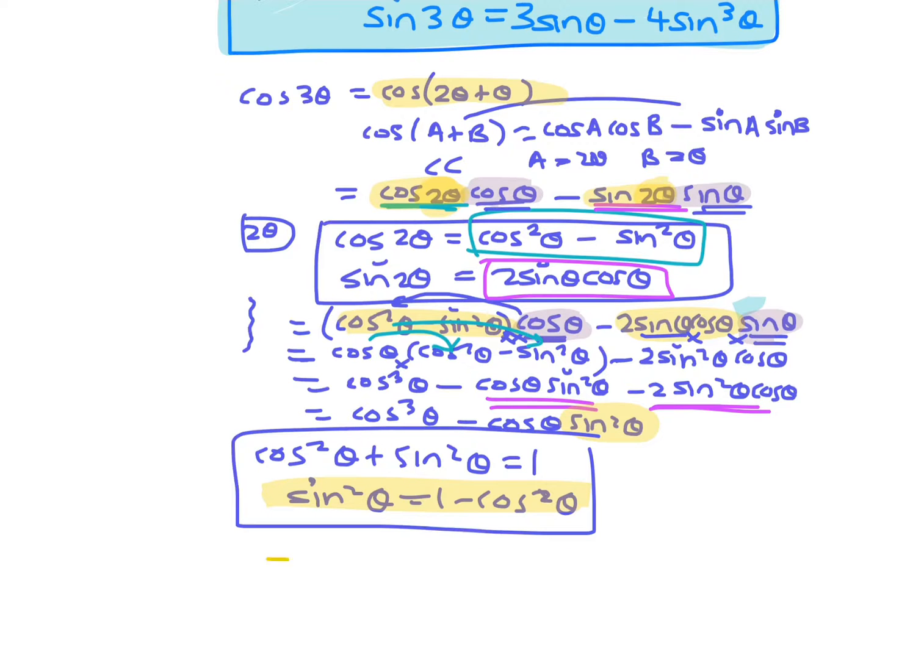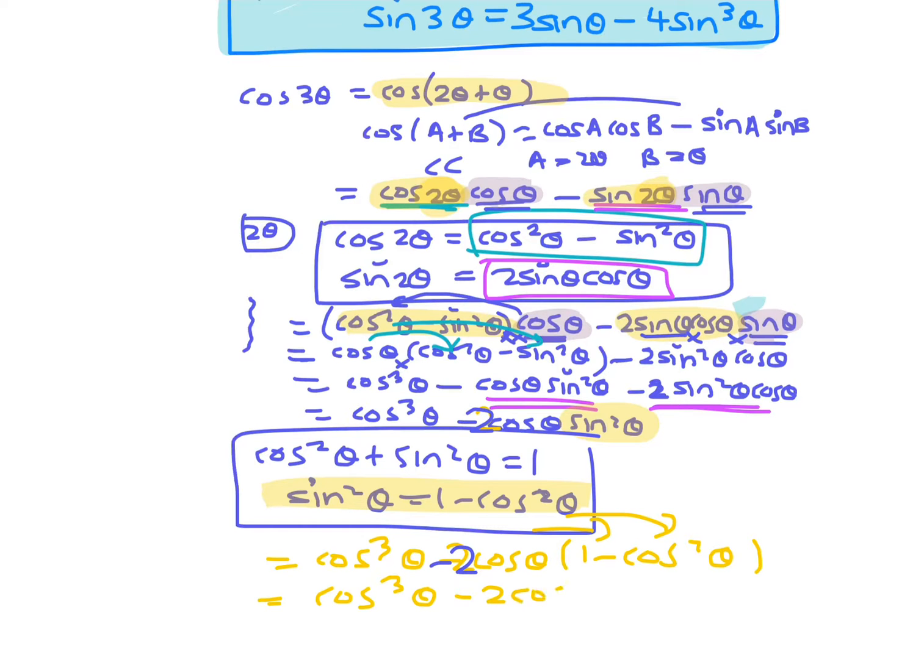So looking at that, you have cos cubed theta minus cos theta, and the sine squared is 1 minus cos squared theta. Expanding these brackets, you get cos cubed theta minus, there was a 2 here. I've left that 2 out, just a minute. That 2 should carry through.